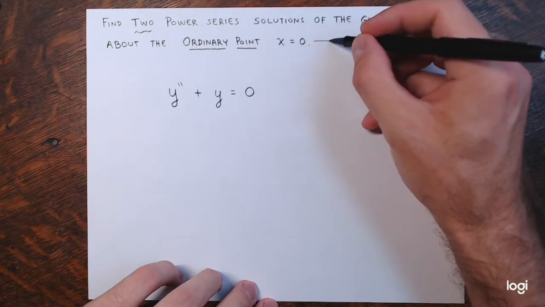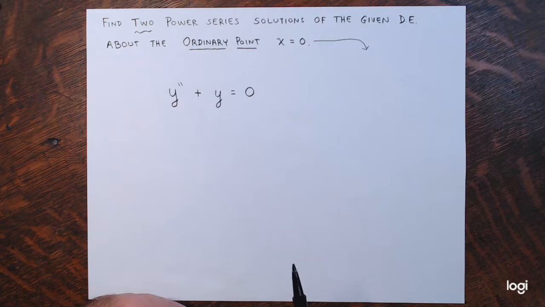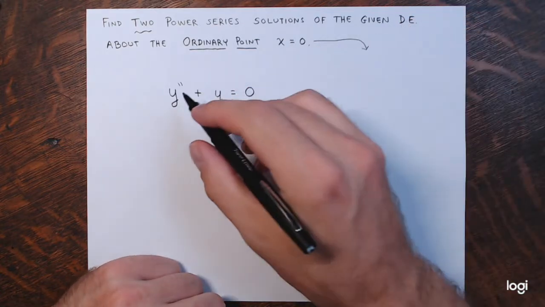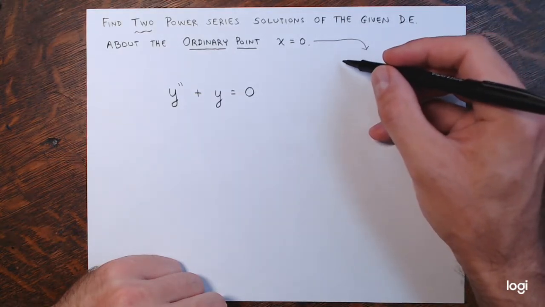Alright, so I guess I should talk about what it means for a value to be an ordinary point, especially for a second order equation. And this definition can be extended to higher order equations as well.